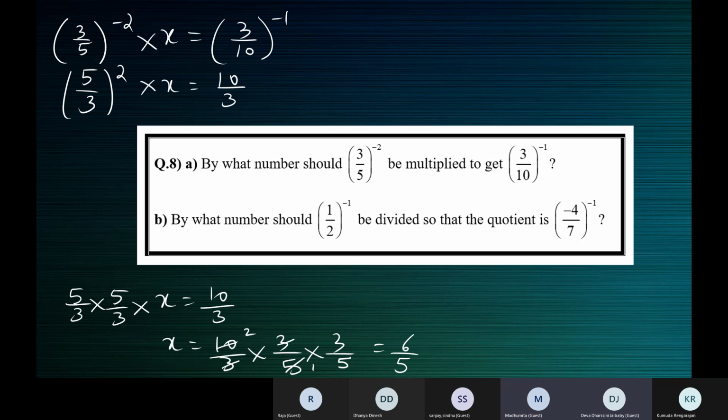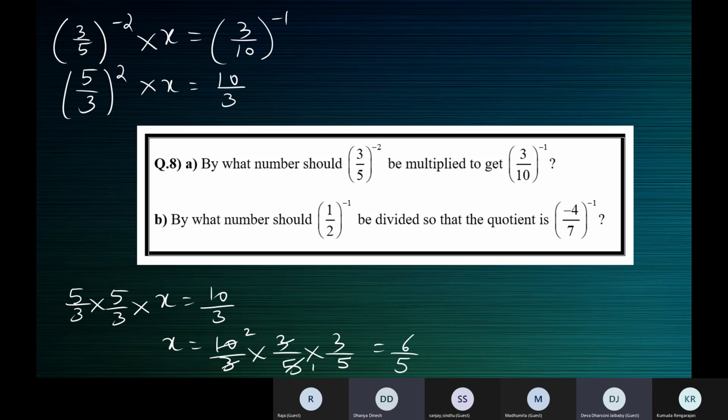Multiplication becomes division when it comes to the opposite side. Yes, I've written 5 by 3 as 3 by 5. On the other side, they'll become reciprocals. 5 by 3 becomes 3 by 5.